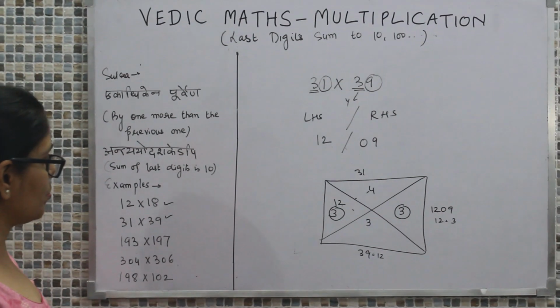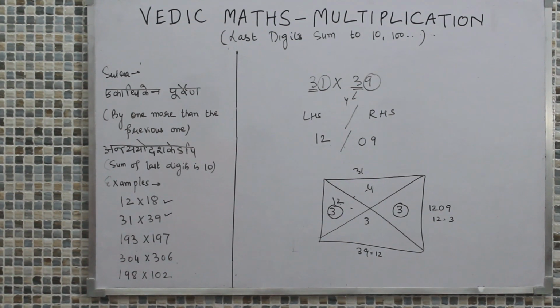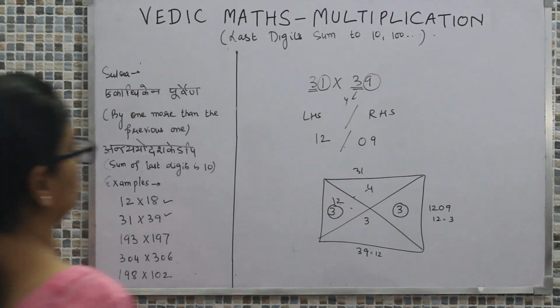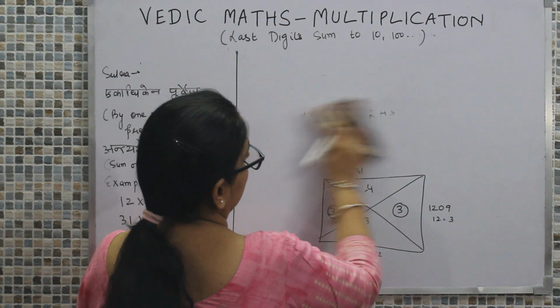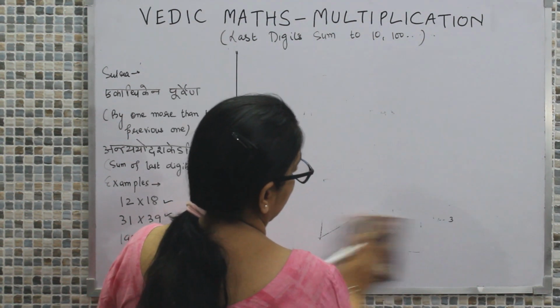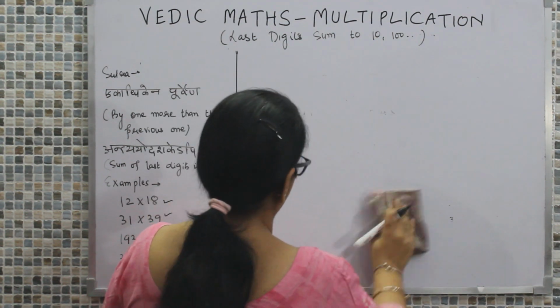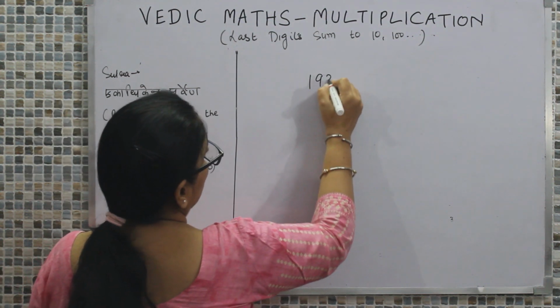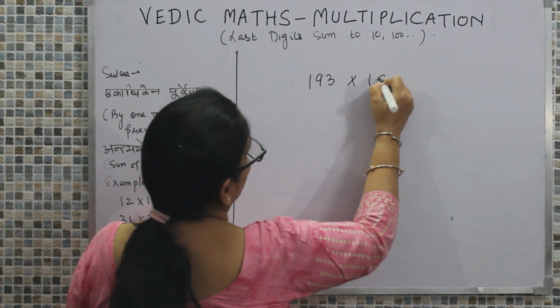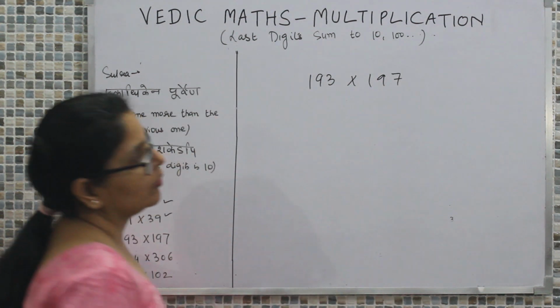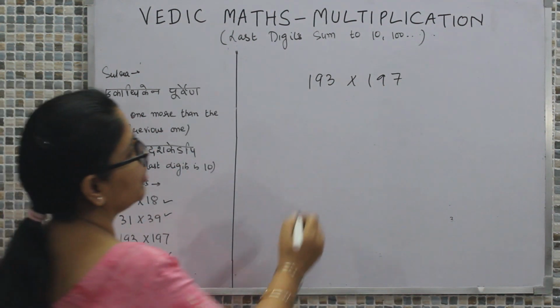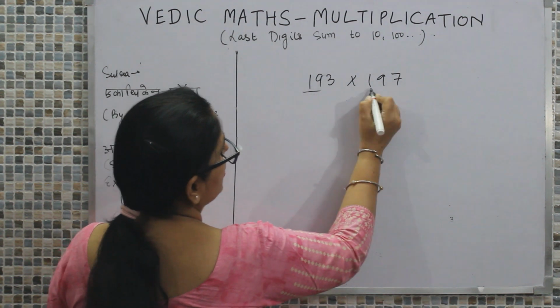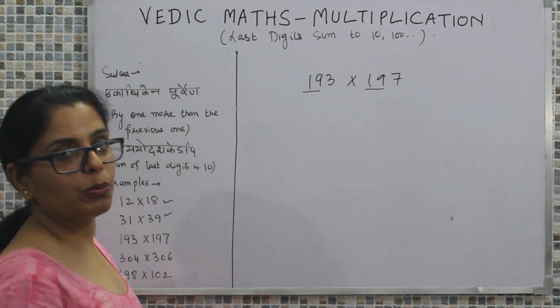Let's take the third example. The third example is 193 into 197. Checking the implementation, the first two digits need to be the same for both the values.